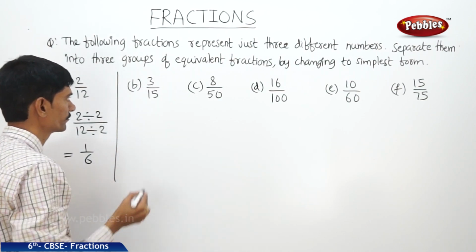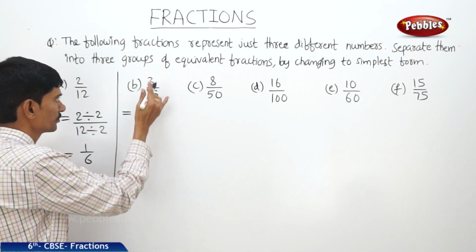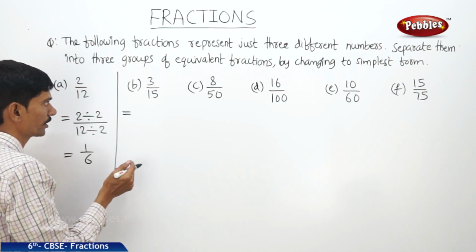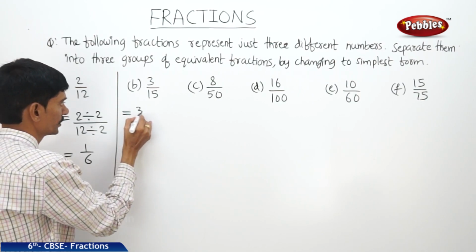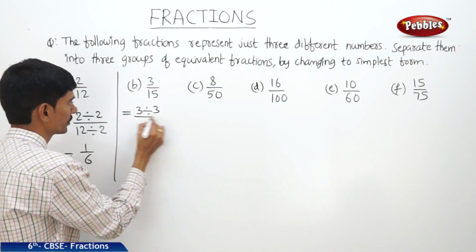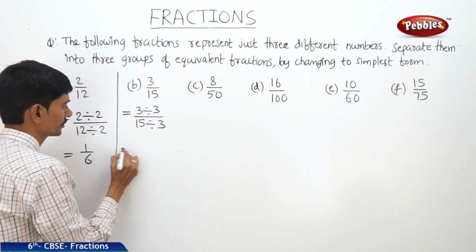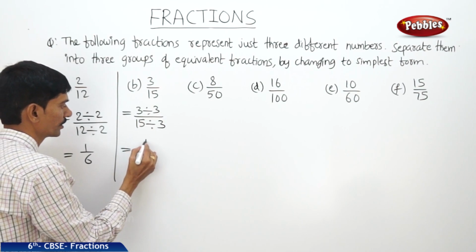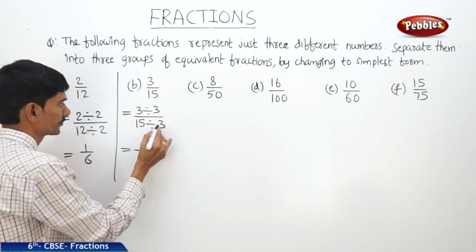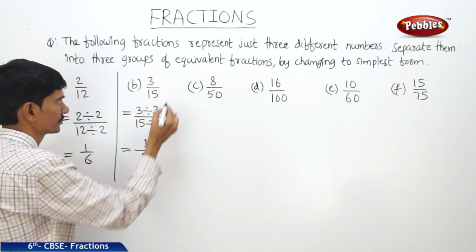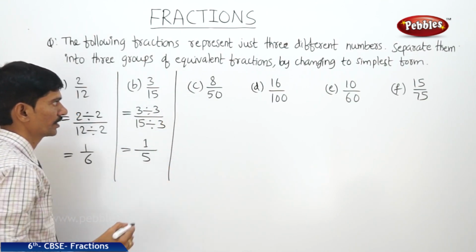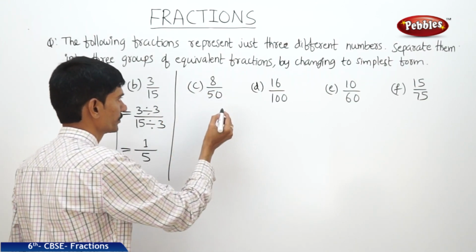Next, 3 by 15. Here both numerator and denominator are divided by 3. So 3 divided by 3 by 15 divided by 3 equals 3 by 3 is 1, 15 by 3 is 5. Next, 8 by 50.